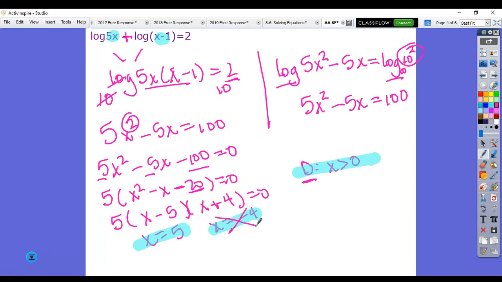So this is what we call an extraneous solution because it causes us to take the log of a negative. This is an answer that makes this equation work, but it doesn't make the original equation work. We call that extraneous. All right, so this is the only answer that makes the original equation work. So that's the only one we need.